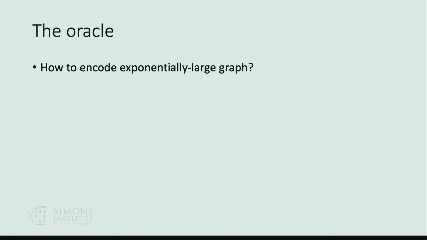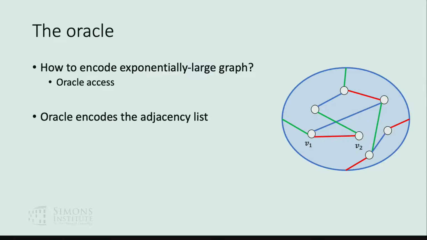So the oracle, as I promised, how do we encode this exponentially large graph? Well, it's going to encode the adjacency list. I colored the edges here to make it easier to see. Basically, you give as input to the oracle a vertex, and then something that identifies the edge. So here it's going to be the color, for visuals. And it's going to give you the neighbor that's adjacent to that edge.